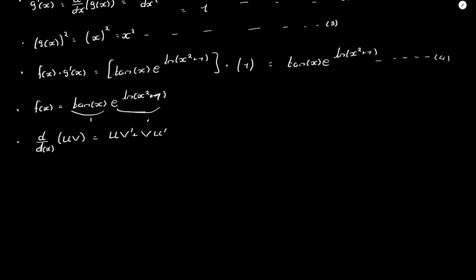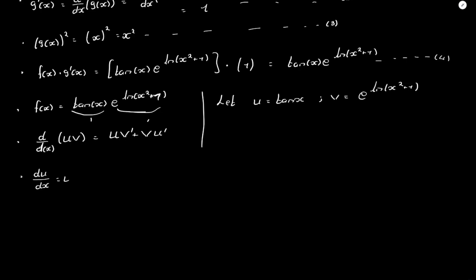So first thing, what is our u and what is our v? We will let u be equal to the function tan x and v be equal to the function e to the power ln of x squared plus 1. Now let's start with our derivative of u. du/dx, which is equal to u prime, is equal to d/dx of tan x.